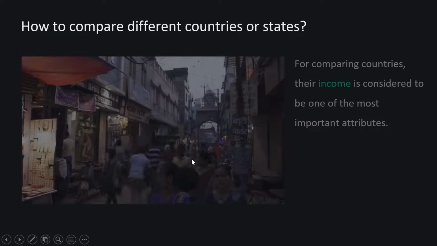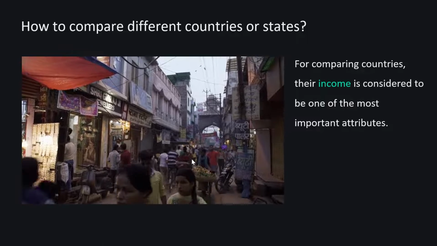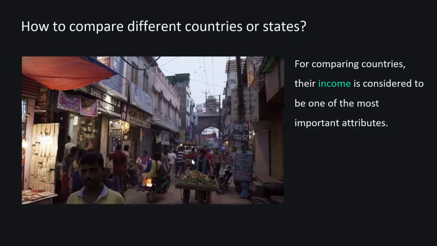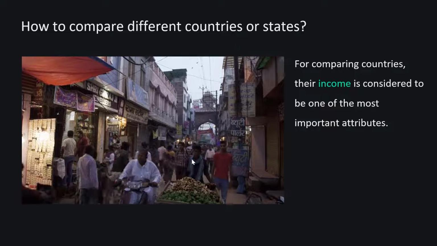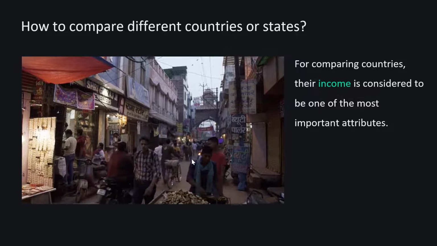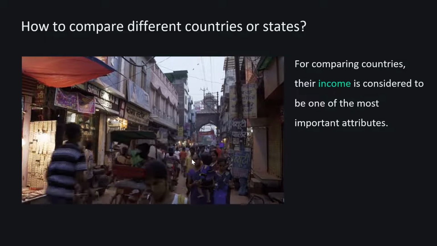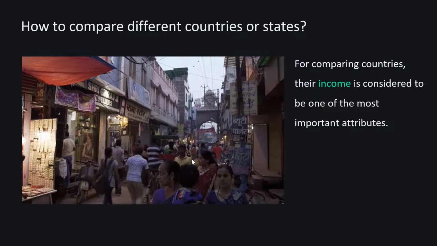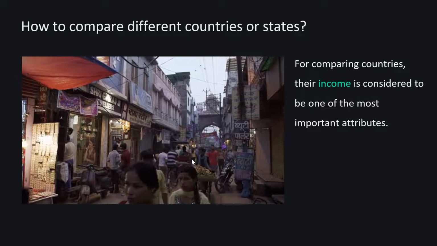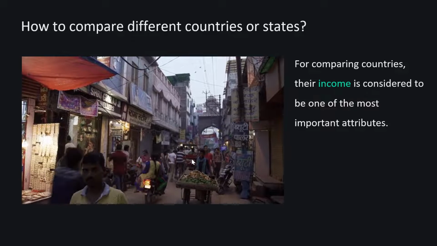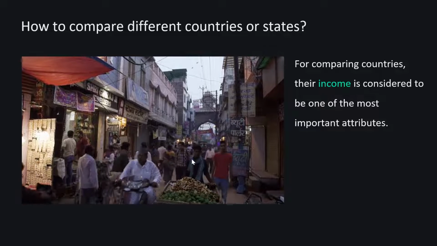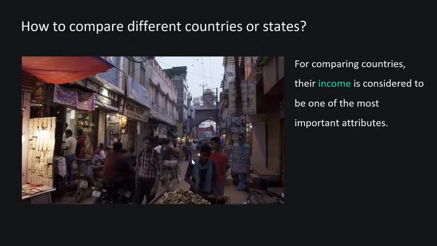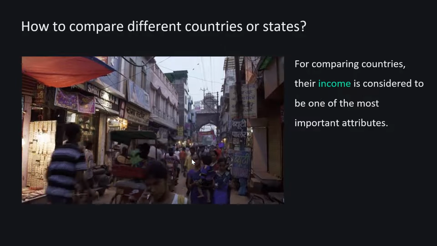For comparing countries, their income is considered to be one of the most important attributes. Before coming to the examples, let me first clear the meaning of the definition. Whenever we are comparing two countries, we always see the income of those particular countries.